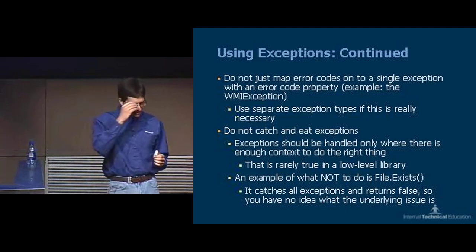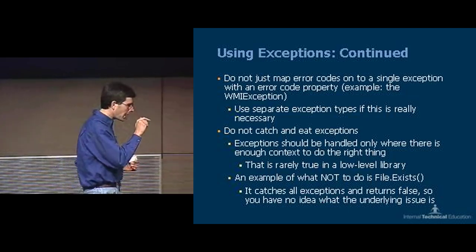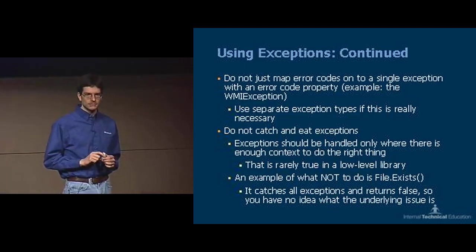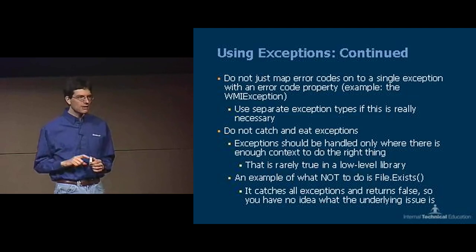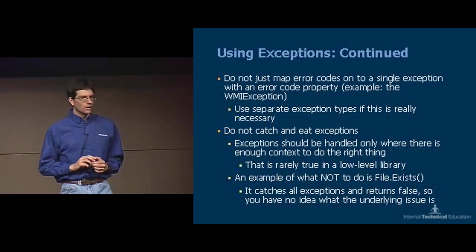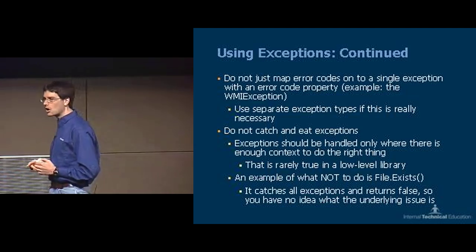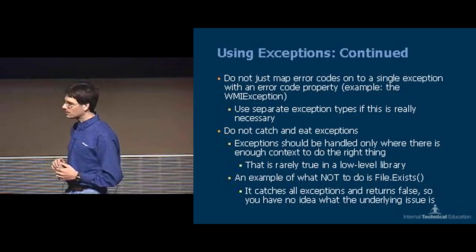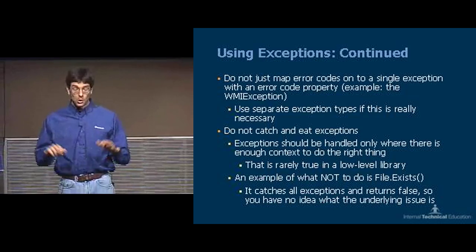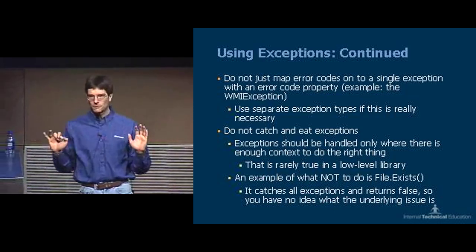So an example of this is File.Exists. If you check if a file exists and you are out of memory on the machine, you get false. The file doesn't exist. Or there's some kind of thread synchronization problem, you'll get false. You won't get a thread synchronization exception, you'll get false.